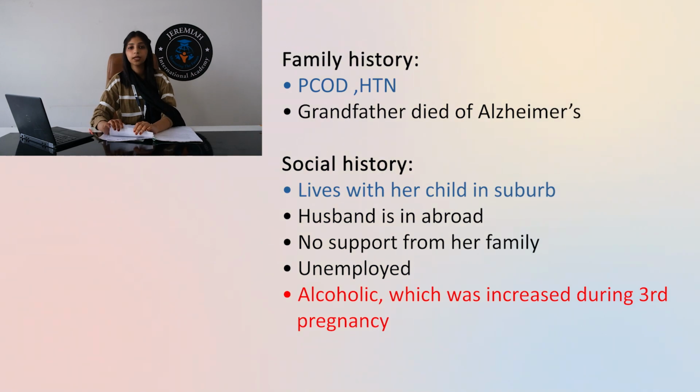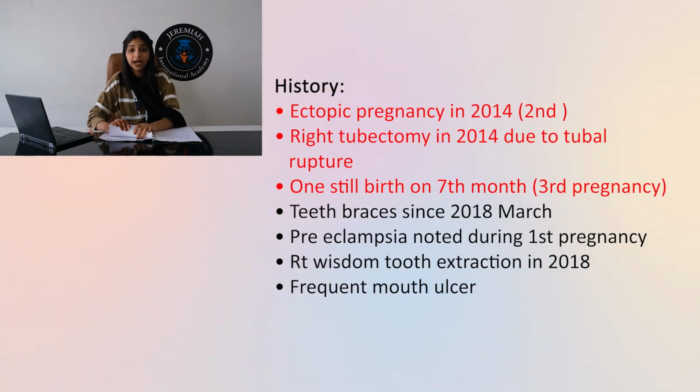And in the second body paragraph we can include the past medical and obstetrical history of the patient, which includes an ectopic pregnancy and right tubectomy, 1 stillbirth and preeclampsia in the first pregnancy. So these all are the past obstetrical history that we can include in the second body paragraph.